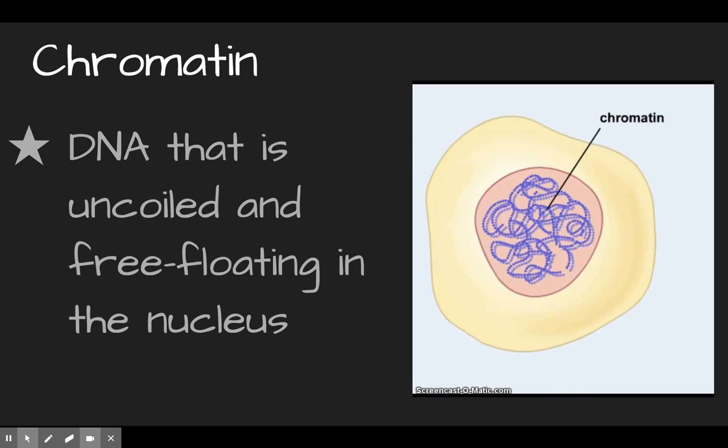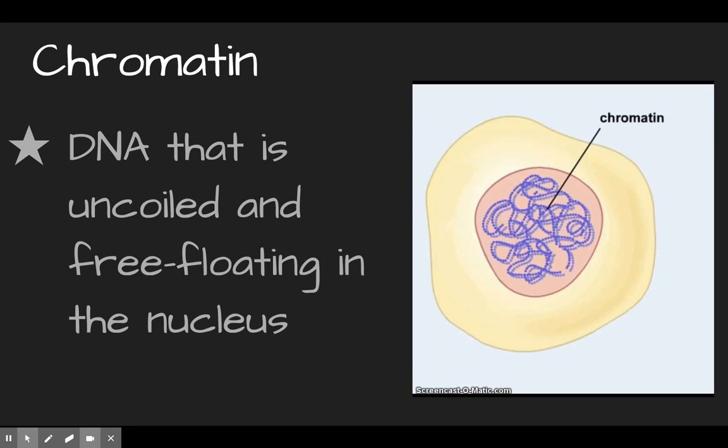So chromatin is a specific type of DNA that is uncoiled and free floating in the nucleus. Now, I don't expect you to be super familiar with the ins and outs of DNA right now. We're going to talk about that a little later in the school year. But for all intents and purposes, DNA is typically a 3D structure.